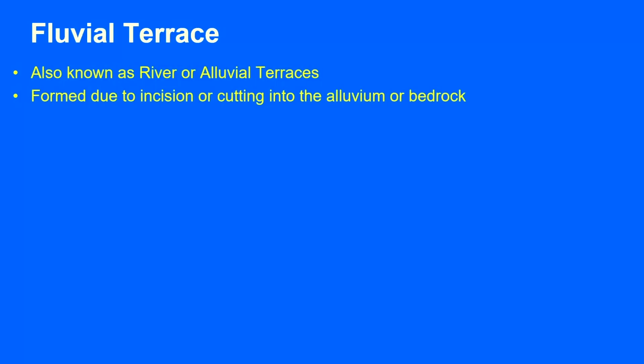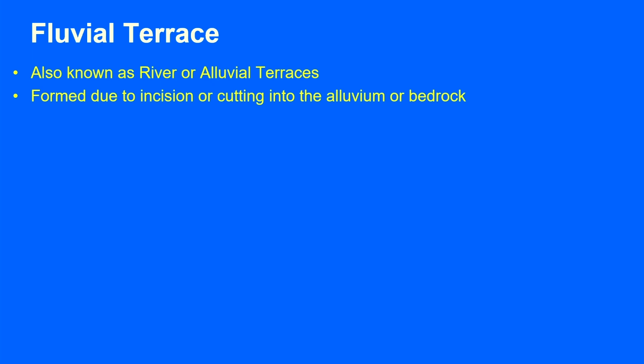So, what are the reasons, the causes, for the formation of terraces? Of course, we have briefly talked about what these fluvial terraces are. They are basically abandoned alluvial floodplains which have been incised by the river, and that resulted in the formation of a step-like feature which we call a terrace.